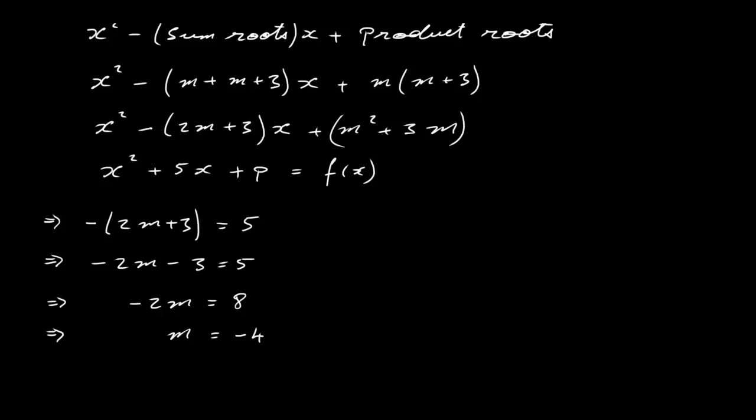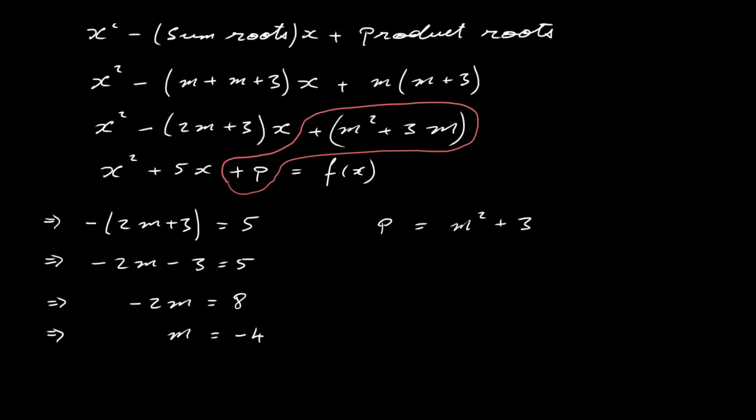So if m is equal to minus 4, remember we want to work out what p is here. So p we know is going to be equal to this bit here. So p is just going to be equal to m squared plus 3m. Now we've worked out what m should be. So p is going to be equal to minus 4 squared plus 3 times minus 4.